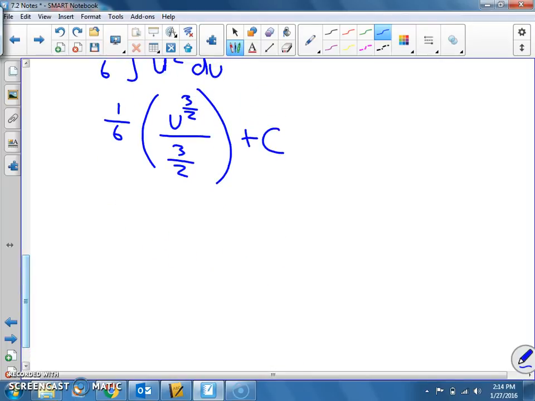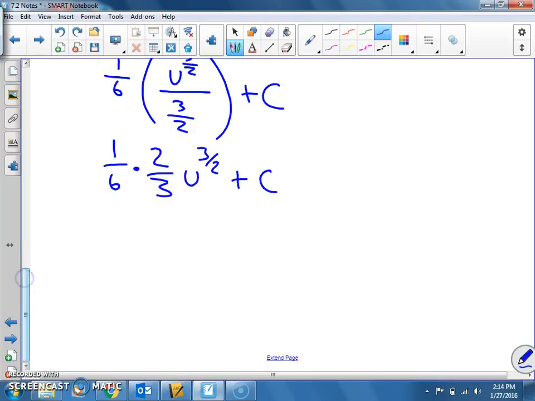So that's where your 2/3 is coming from. So I've got 1/6 times 2/3 u to the 3/2 plus c. So I end up with 2 over 18, so 1/9 u to the 3/2 plus c.